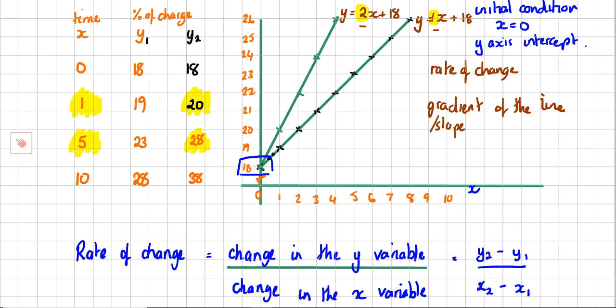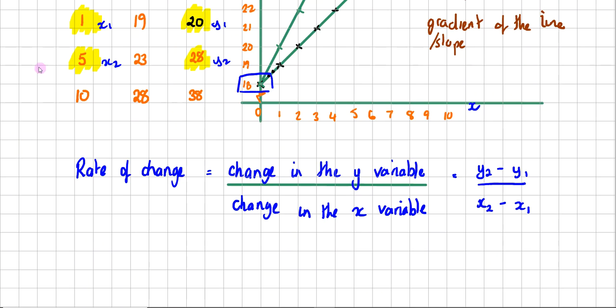Are you happy with that? So this is the x1, this is the x2, this is the y1, this is the y2. Okay, so I'm looking at this line and I'm going to try and find the rate of change from this line. So can you confirm for me that using these numbers, this works? Can you do that? Do it now?